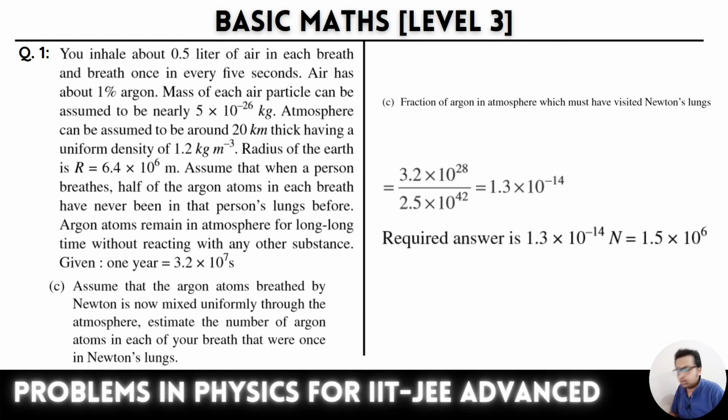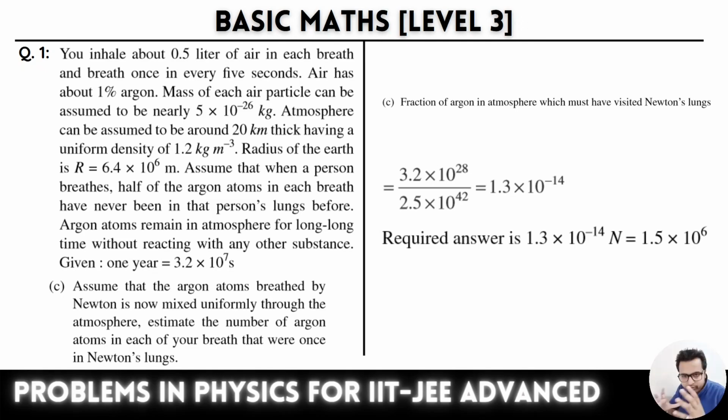Okay, so let's jump into the C part. In the C part, what are they asking? Assume that the argon atoms breathed by Newton are now mixed uniformly through the atmosphere. Estimate the number of argon atoms in each of your breaths that were once in Newton's lungs.